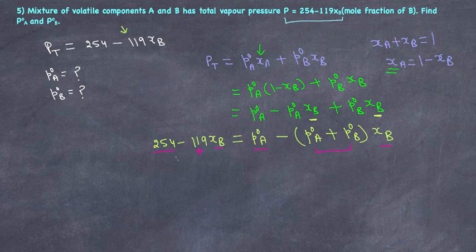So we can write P naught A is going to be equal to 254, and P naught A plus P naught B is going to be equal to 119 because they are the like terms. And we already know P naught A is 254, and if we plug it over here, 254 plus P naught B equal to 119.